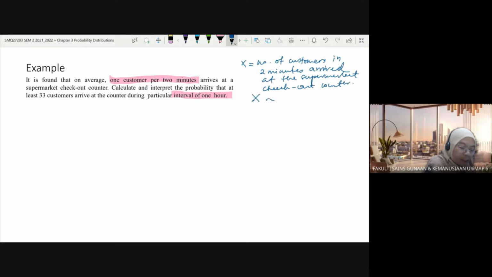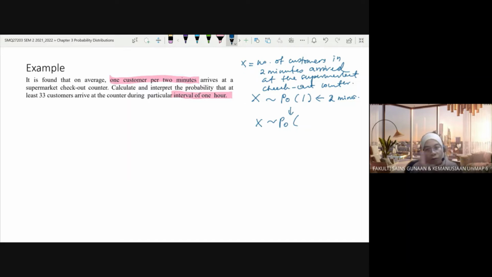So this x follows Poisson with lambda equal to 1 for 2 minutes. Since the question asks for an interval of 1 hour, you transform to 1 hour, and x will follow Poisson.